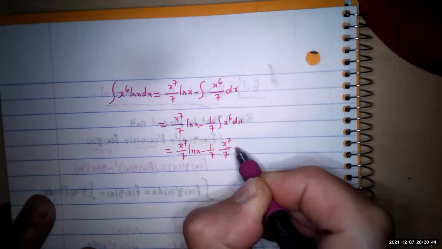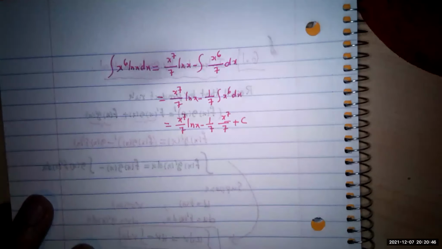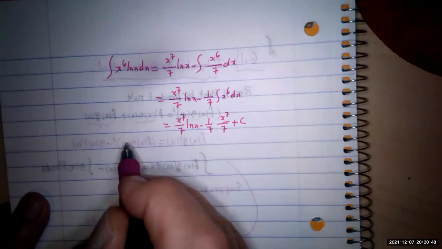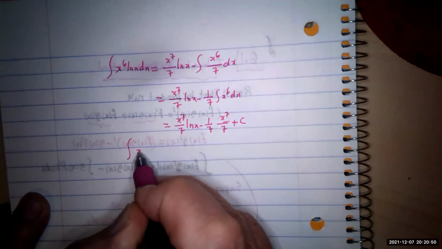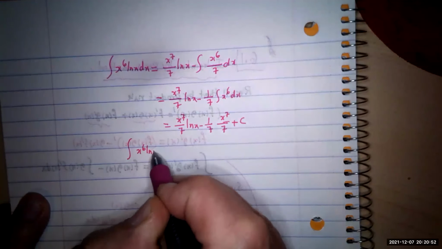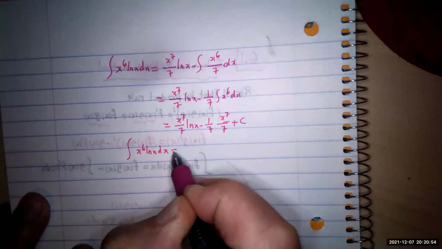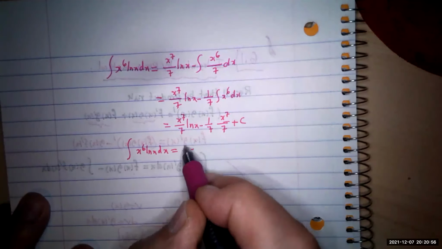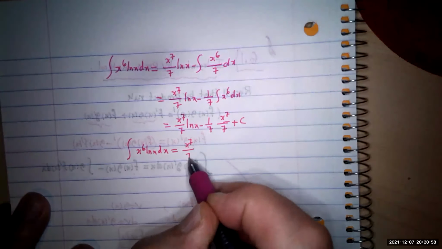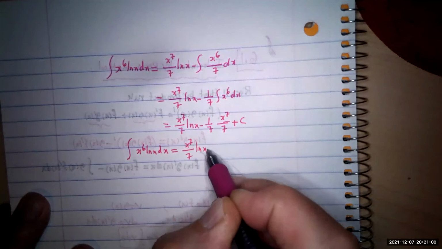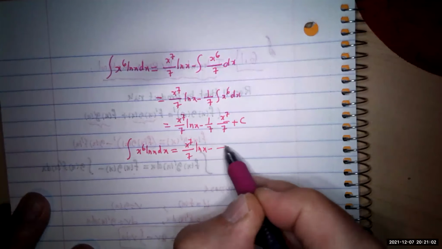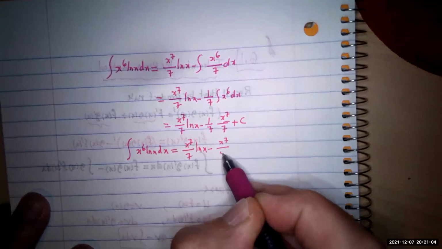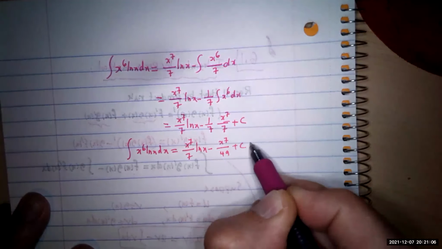This is the end of the problem plus constant. 7 times 7 would be 49. So the integral of x to the 6 ln x dx is equal to x to the 7 over 7 ln x minus x to the 7 over 49 plus the constant.